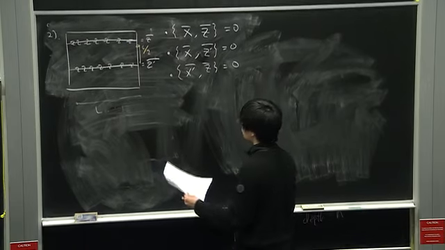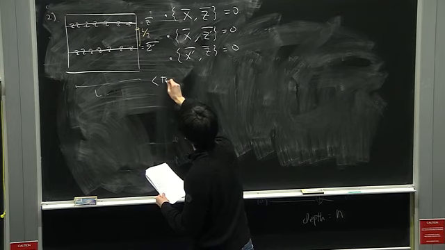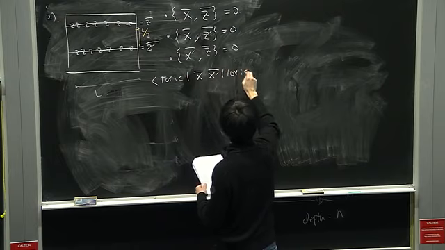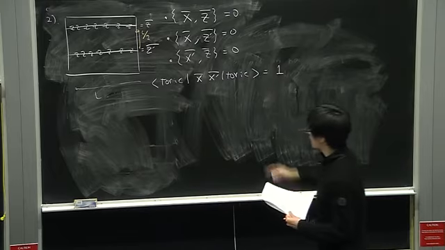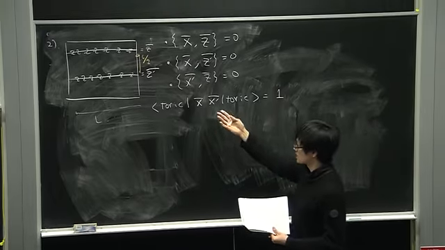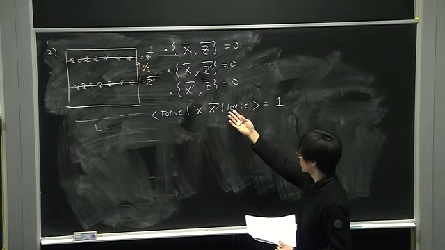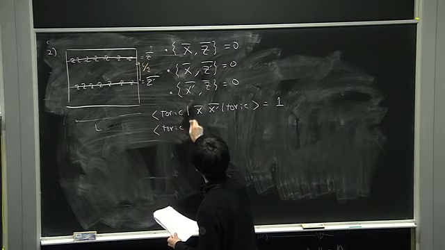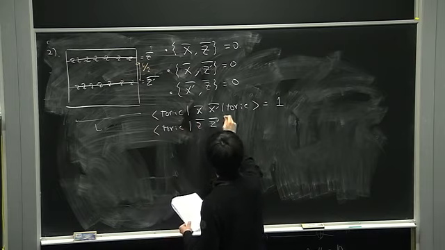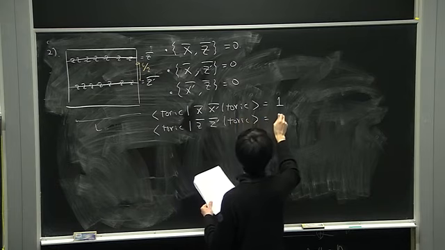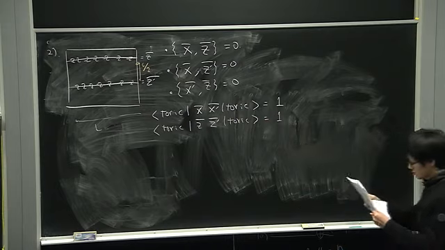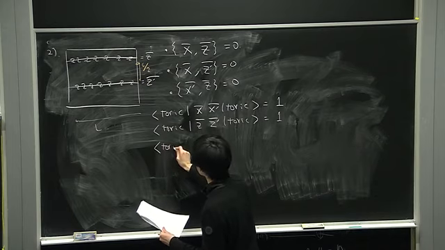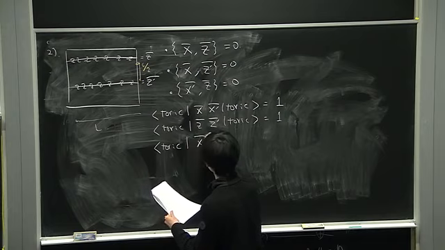Okay, so now let me write down three equations. So the first equation is this one, which is, I think, very trivial because x and x bar in total act as an identity on any ground state. And similarly, you have the operator with this identity. But now, let me think about the following object.